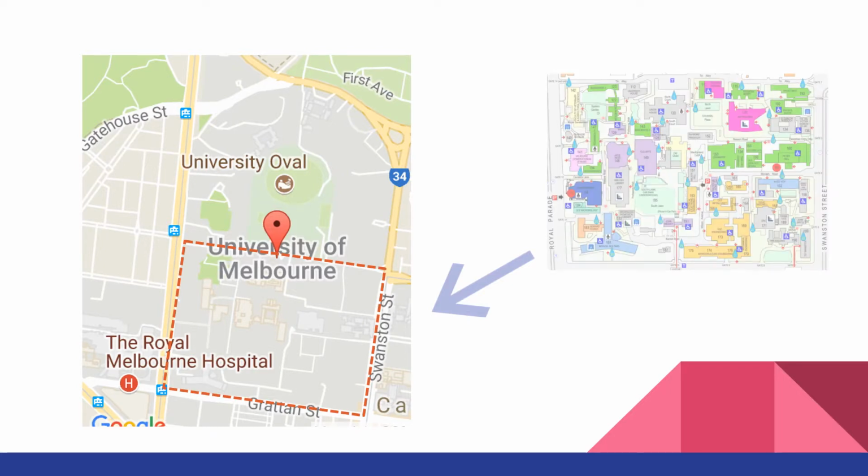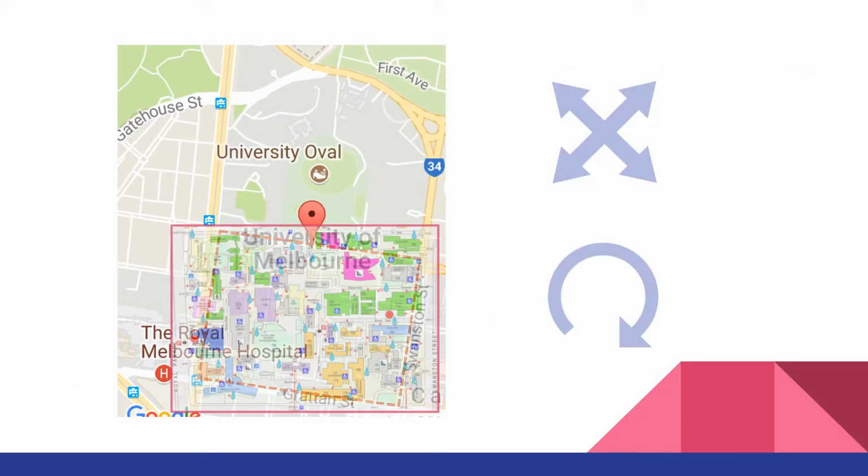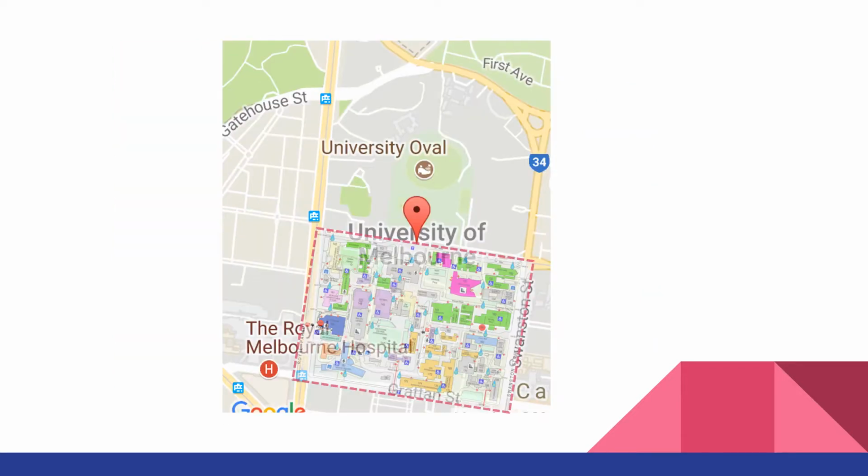The first step of approaching the image is to make it transparent. After you move the image into the map application, you can see the size of the image is not suitable to be presented in the map. So you need to scale and rotate the image.